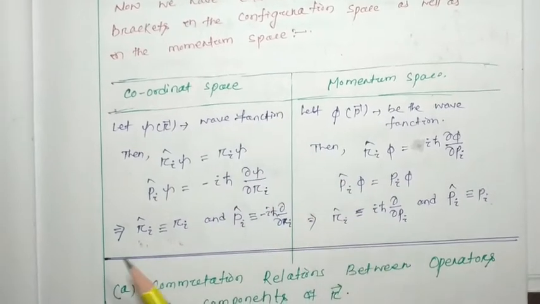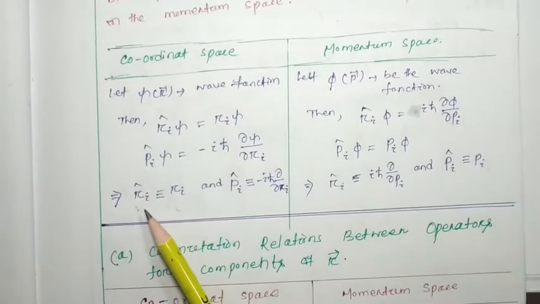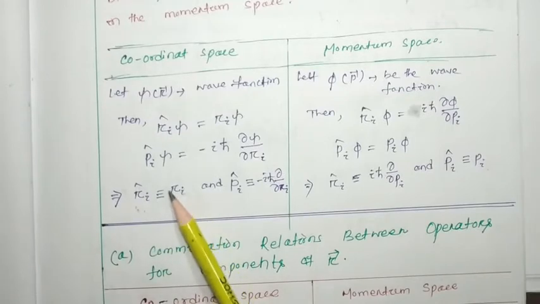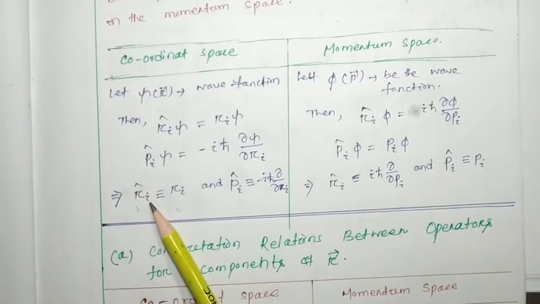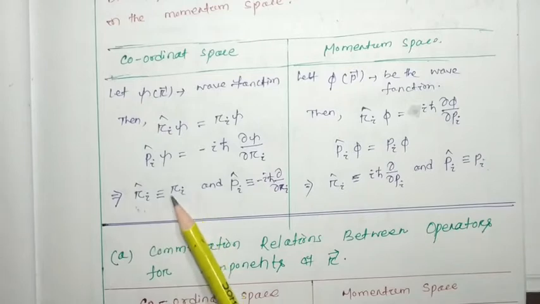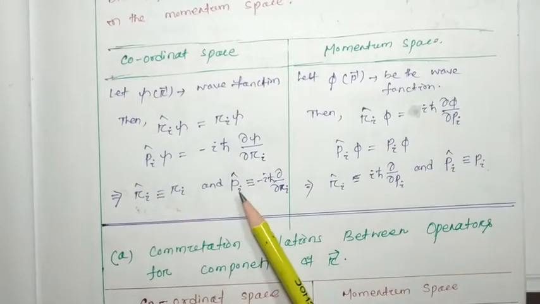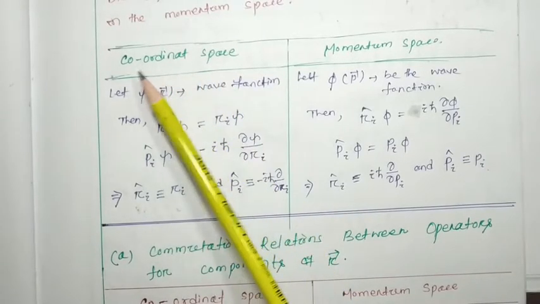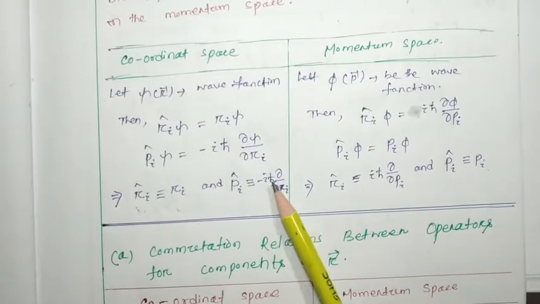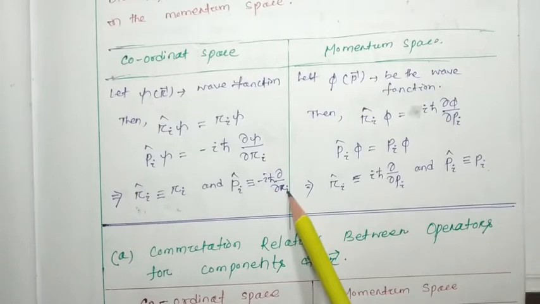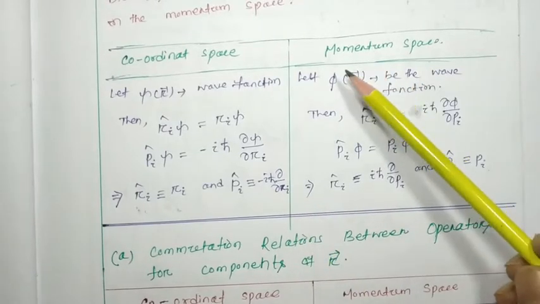Here Ri cap is equivalent to Ri, meaning the position operator value is Ri, and the momentum operator in the coordinate space is minus i h cross del by del Ri. Now we have to consider the momentum space.